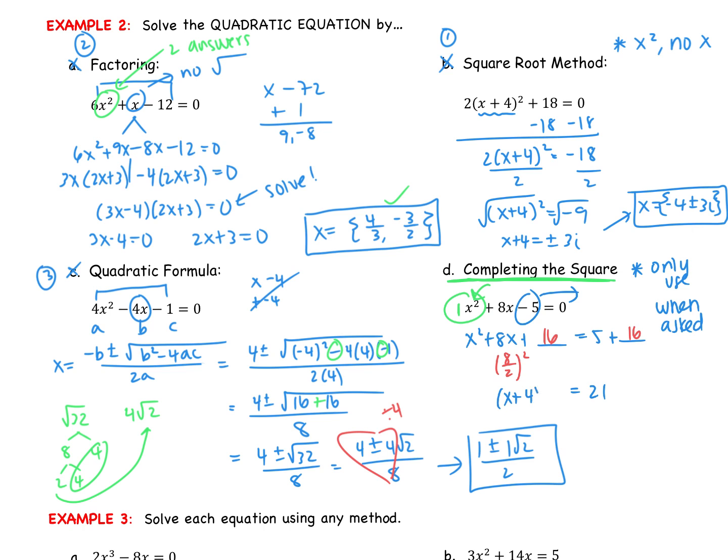So this can be written as x plus 4 squared. So we have x plus 4 and x plus 4. At this point, we can take a square root. Like Nick told us 10 minutes ago, when you take a square root, don't forget the plus or minus. So our answer ends up being negative 4 plus or minus root 21.